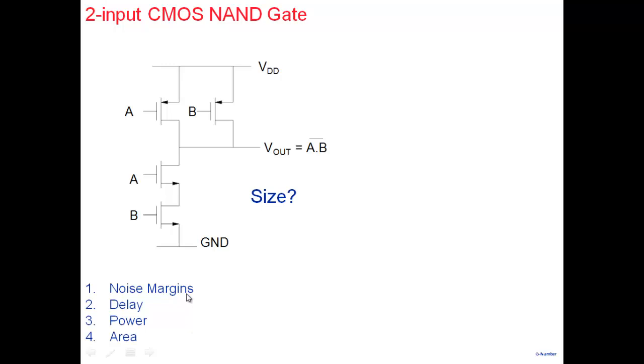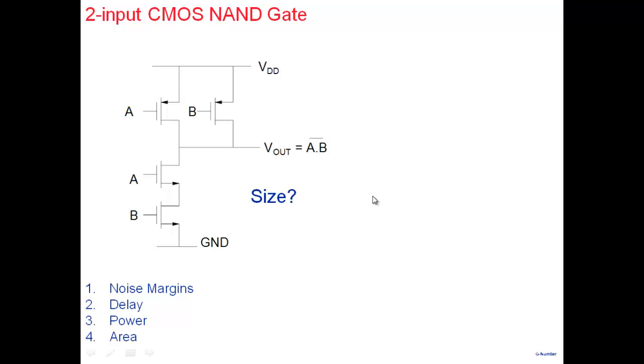Noise margins get affected by your sizes, delay will get affected, power will get affected, and obviously area will get affected. So when we evaluate a particular size for these devices, these are the 4 parameters that we have in mind: noise margin, delay, power, and area.